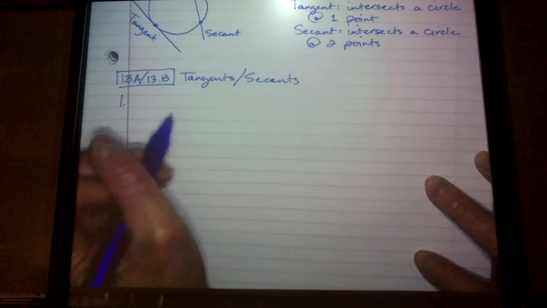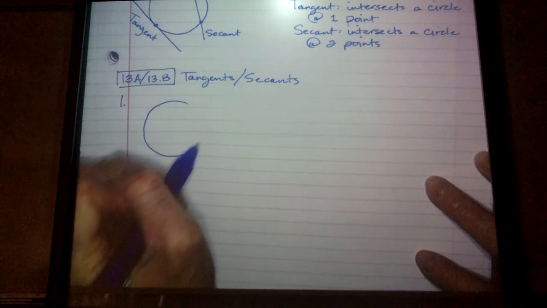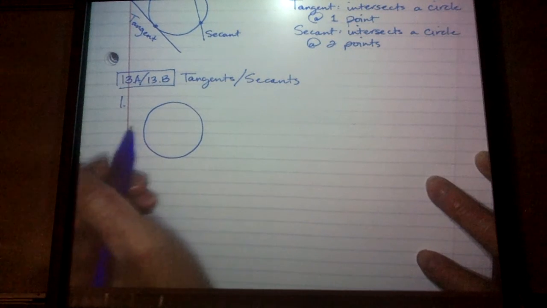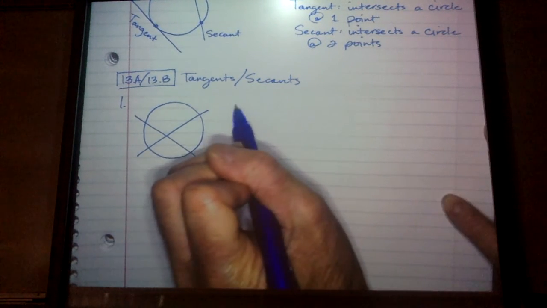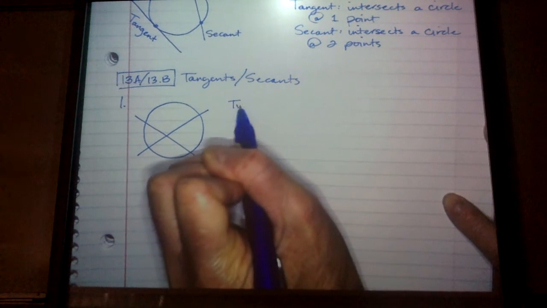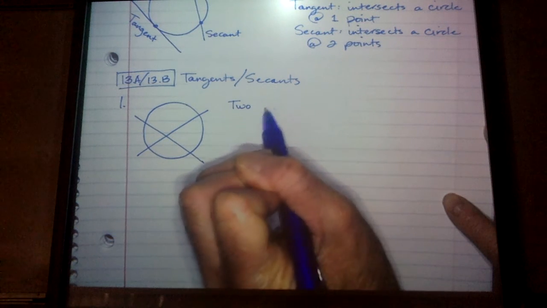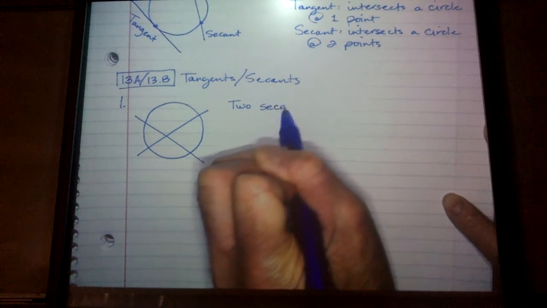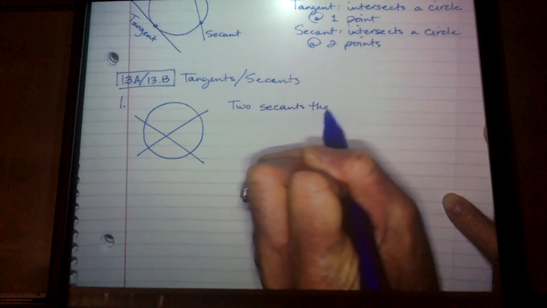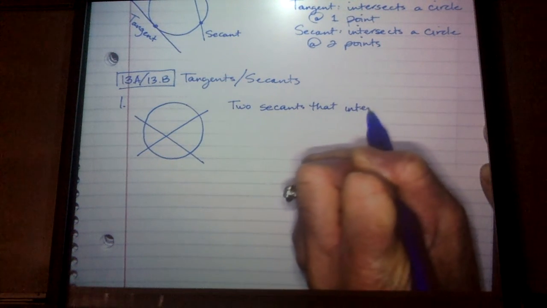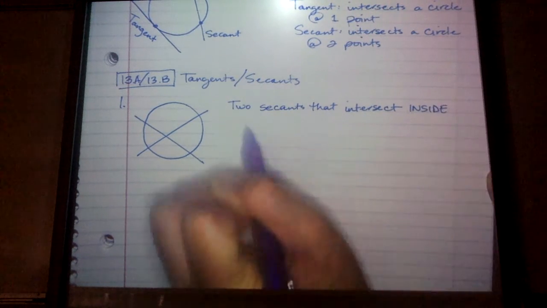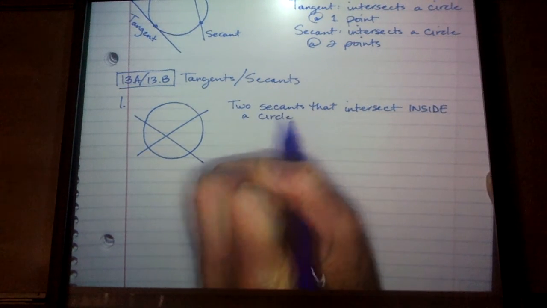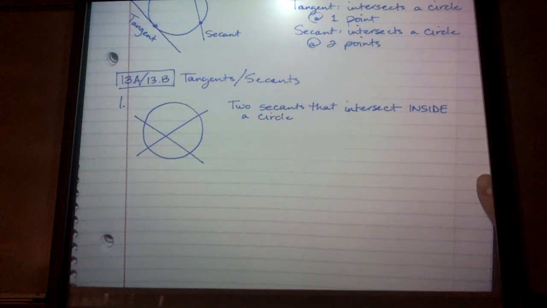Number 1: this is an example where I have two secants that intersect inside a circle. I'm going to label this.